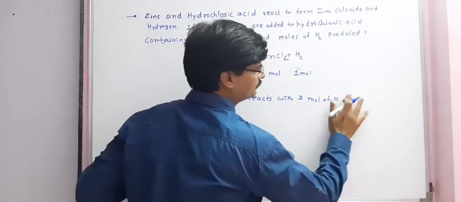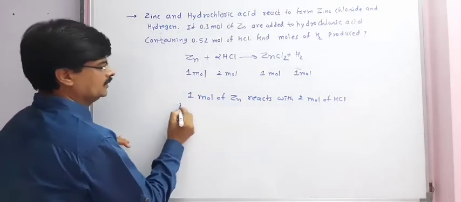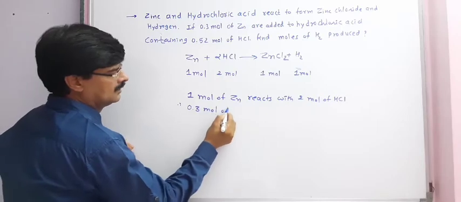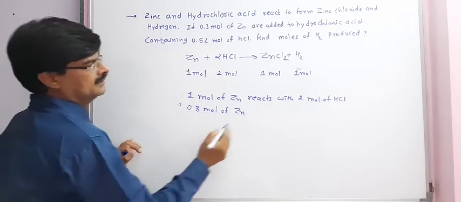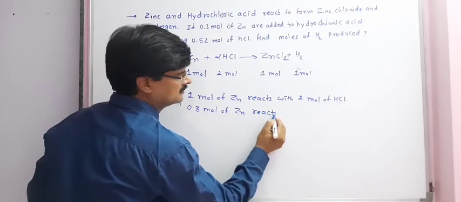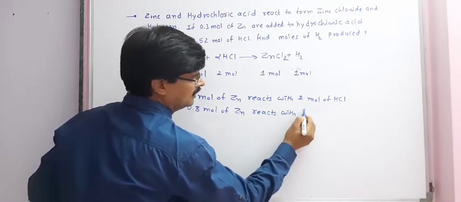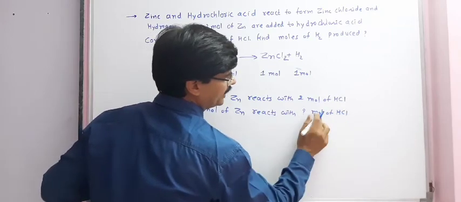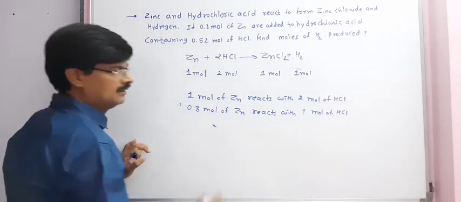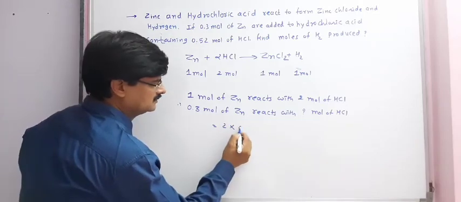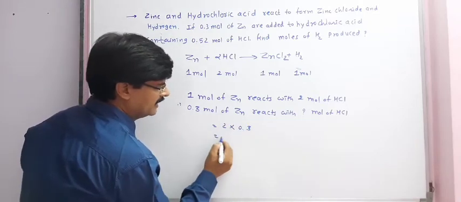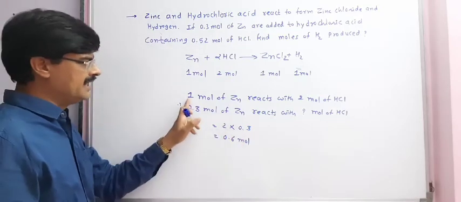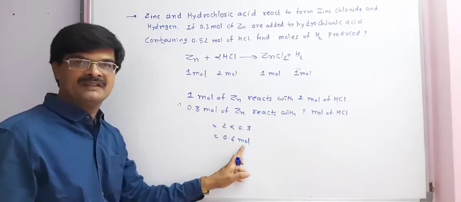Therefore 0.3 mole of zinc reacts with how much mole of hydrochloric acid? On simplification, we will get 0.6 mole. 2 into 0.3 divided by 1, we get 0.6 mole.